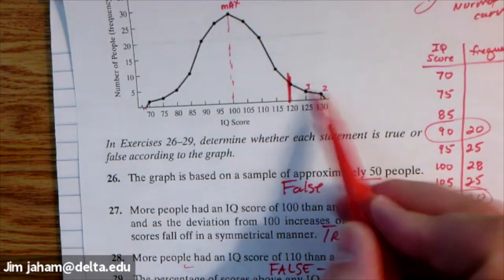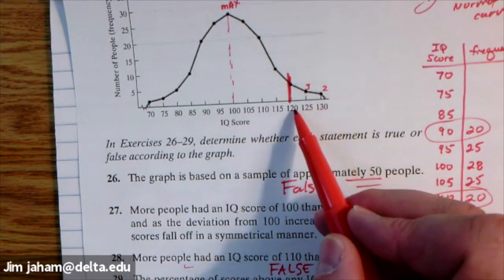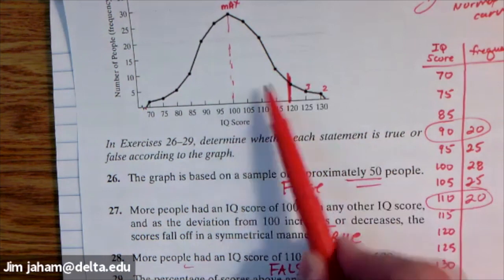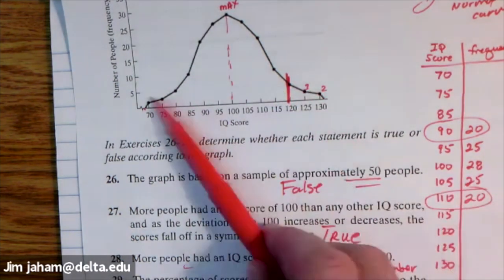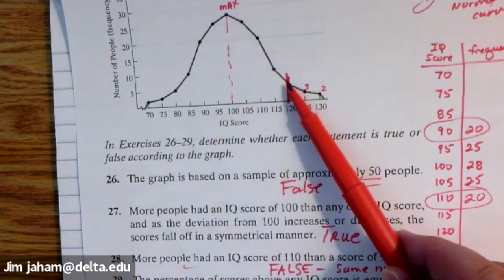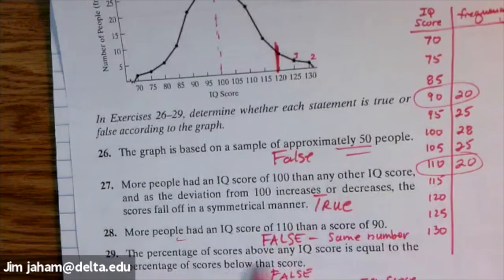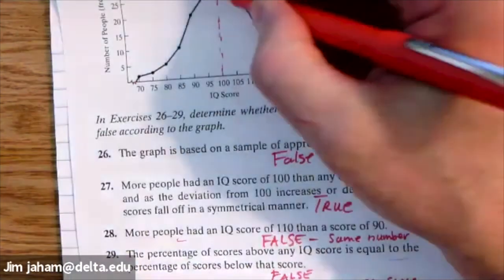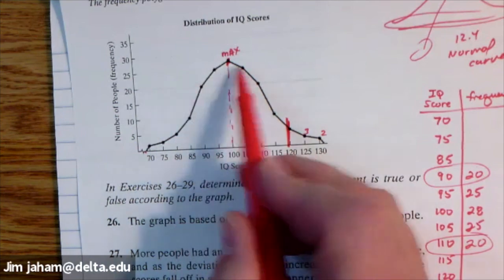So only 5 individuals had an IQ score higher than 120. Well, over here, we've got, in the hundreds probably, folks that have an IQ score less than 120. So when it says that the percentage of scores above any IQ score is equal to the percentage of scores below that score, that's false. The only time it ever works is at 100. At 100, you're going to have about the same number over to the left as you have to the right.